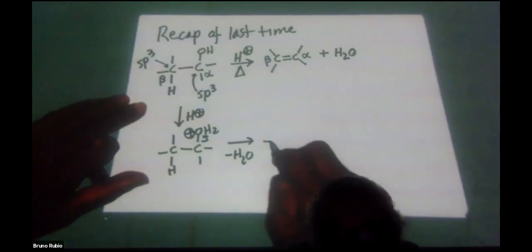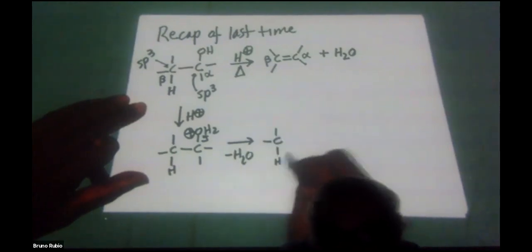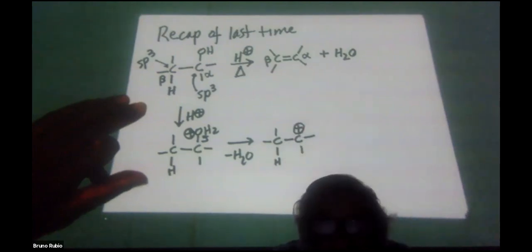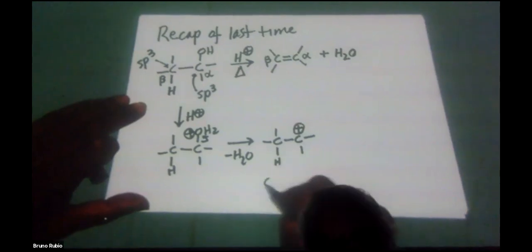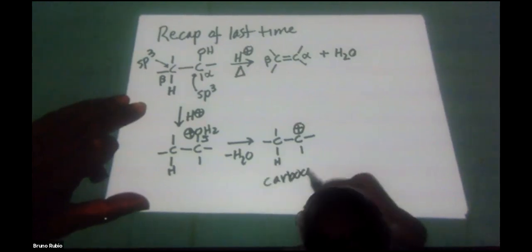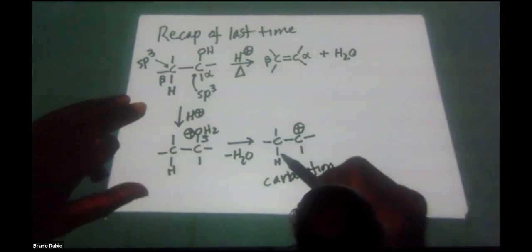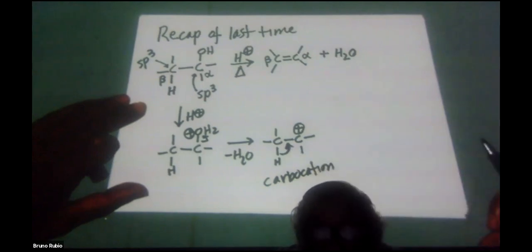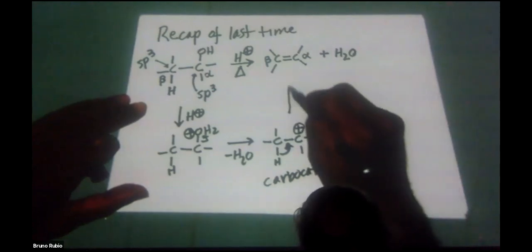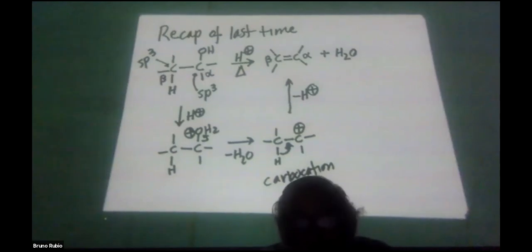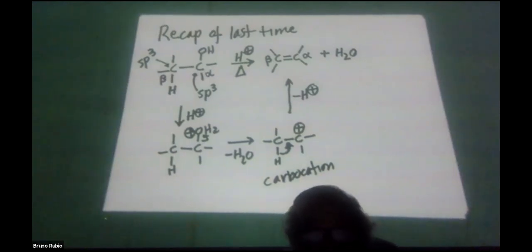The oxonium ion departs, and upon its departure, you get a carbocation, right? This is the carbocation. And then a base in the solution comes along and removes the beta proton from the beta carbon. And that is how we get that alkene between alpha and beta.